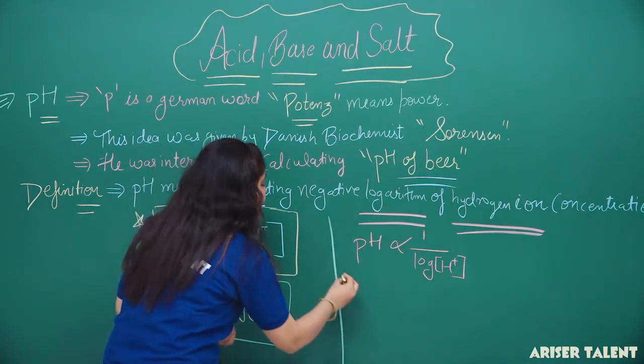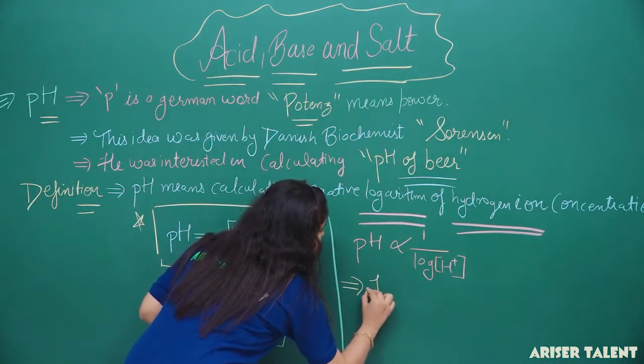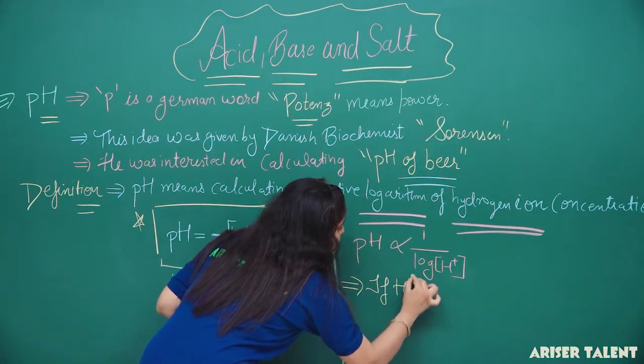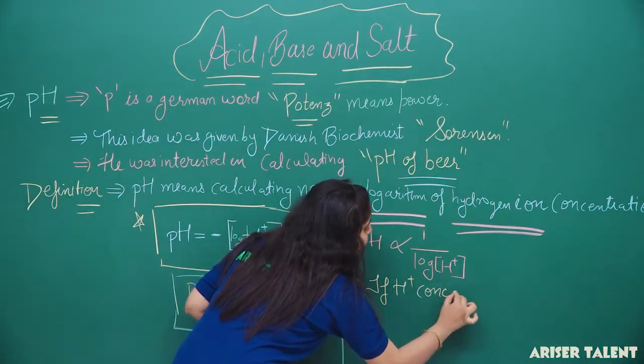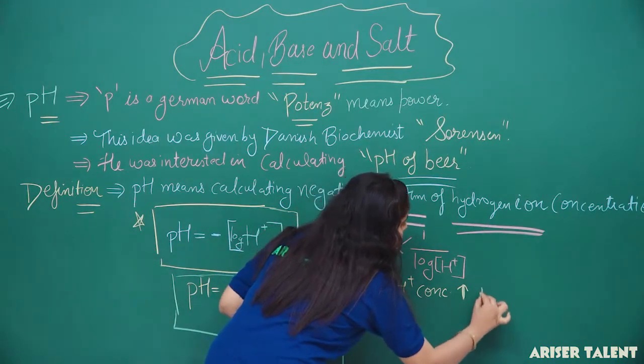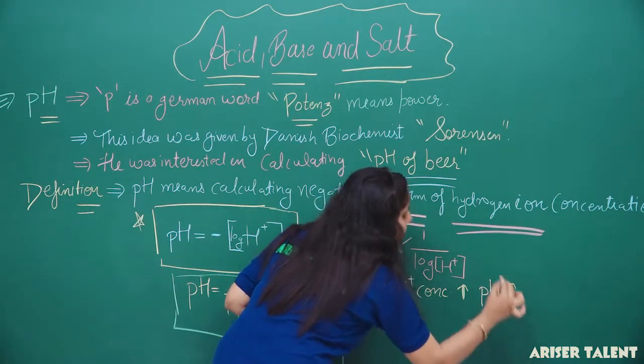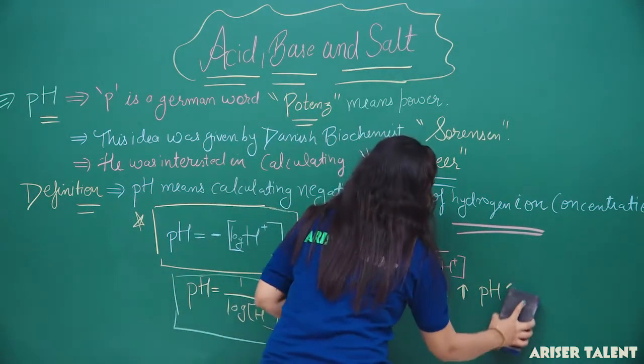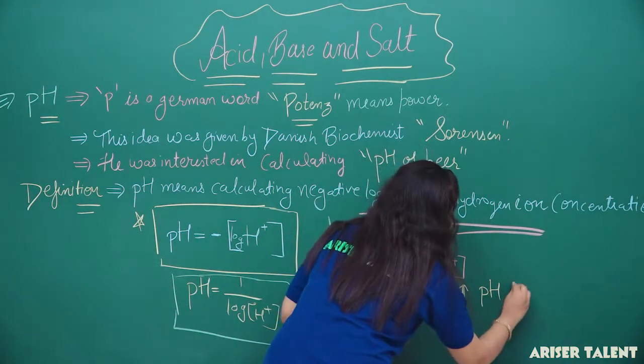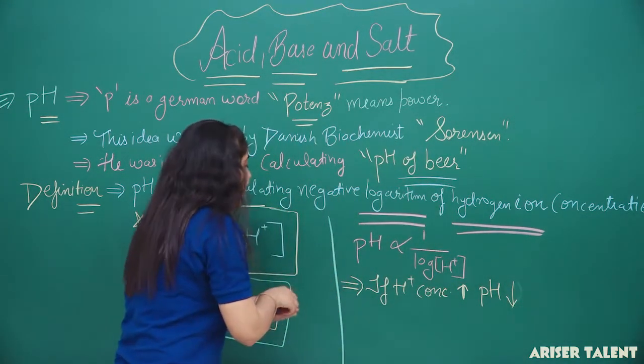So I can say that if H plus concentration is higher, pH will be lower.